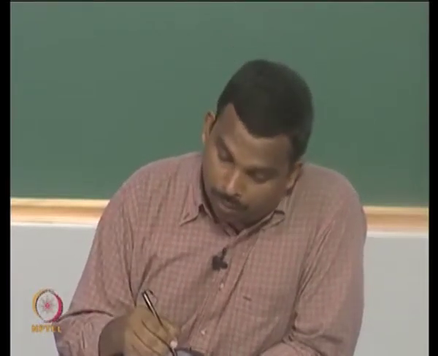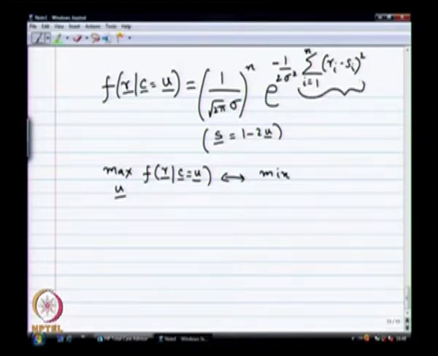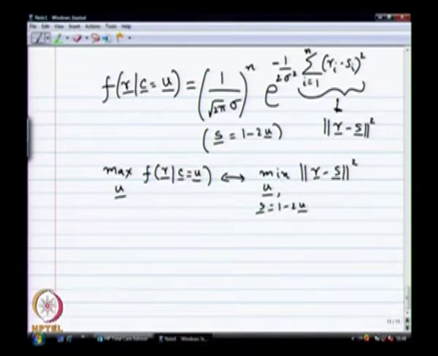So maximizing f of r given c equals u over u is the same as minimizing the summation of this, which you can write compactly as the norm of r minus s squared. This is the Euclidean distance between the vector r and the vector s. So we minimize the norm of r minus s squared over u, with s being 1 minus 2u. What is u? u is in the code, so I should write that down.